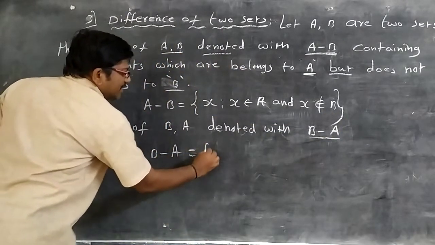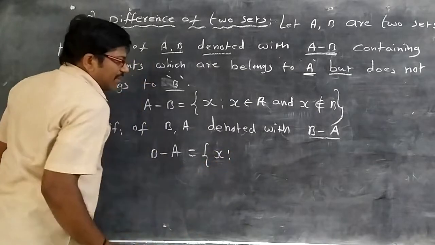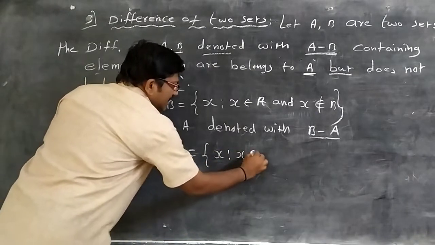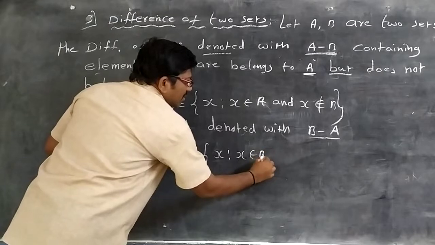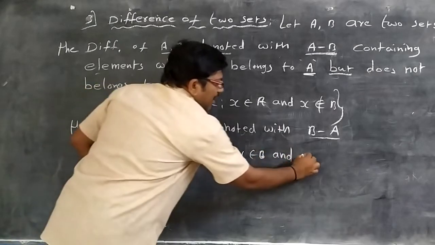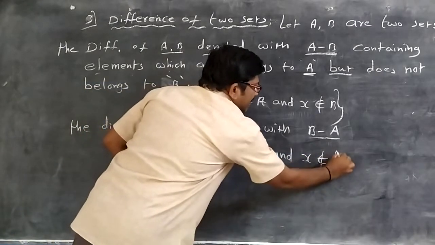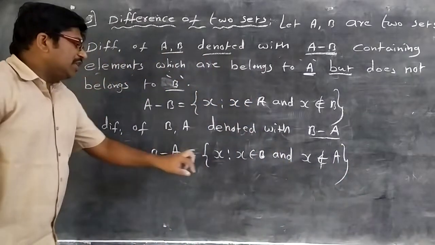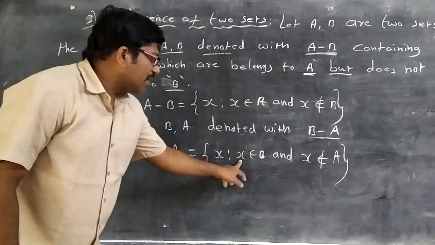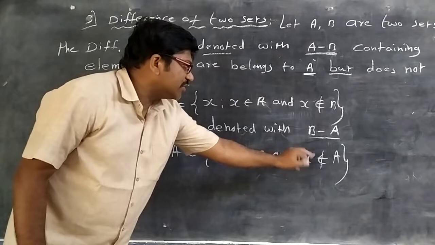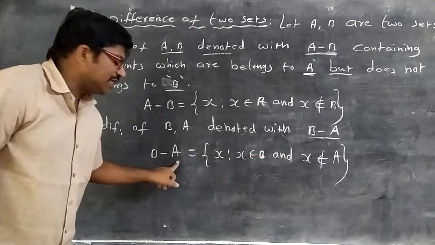B minus A is equal to the elements x, where x belongs to B and x does not belong to A.